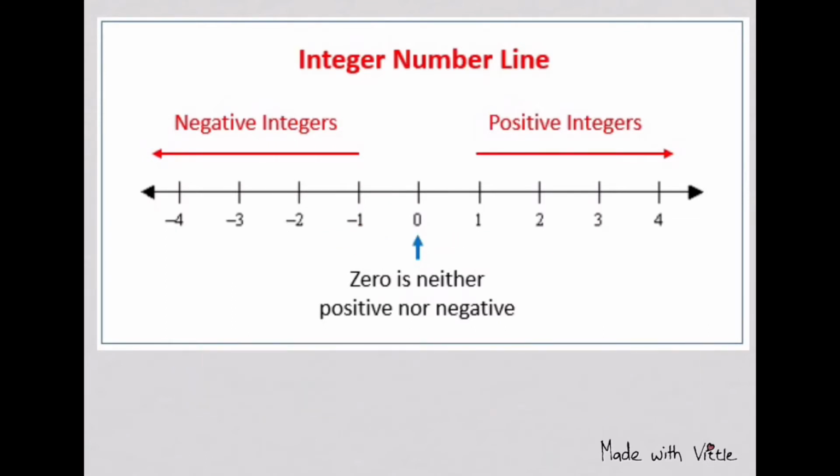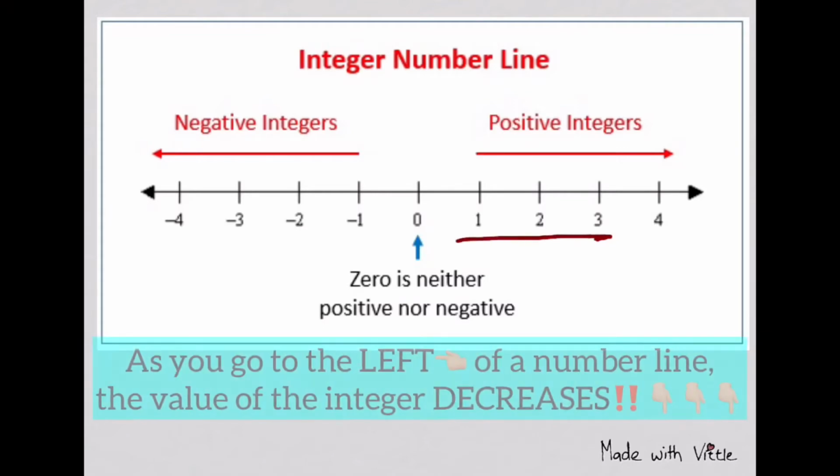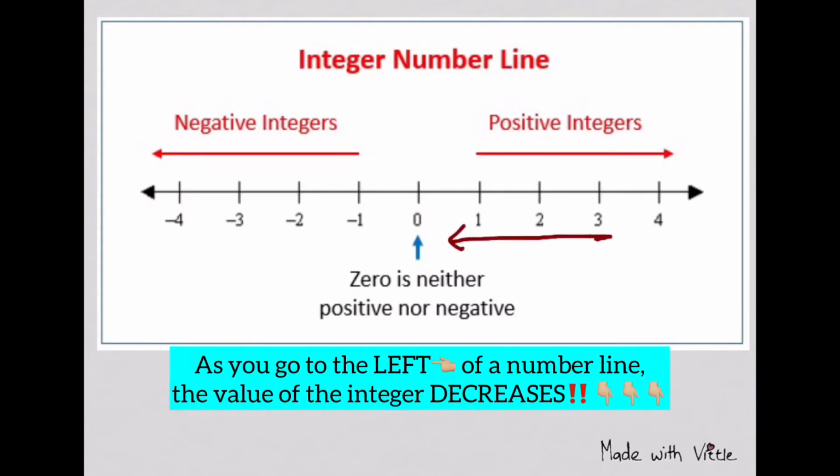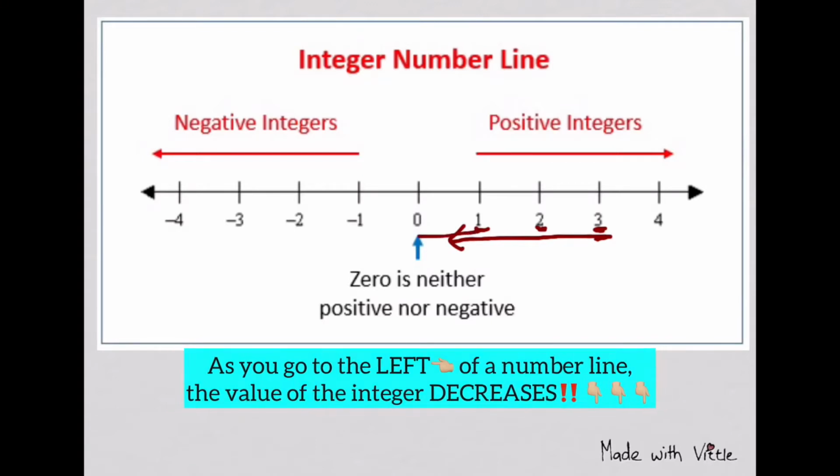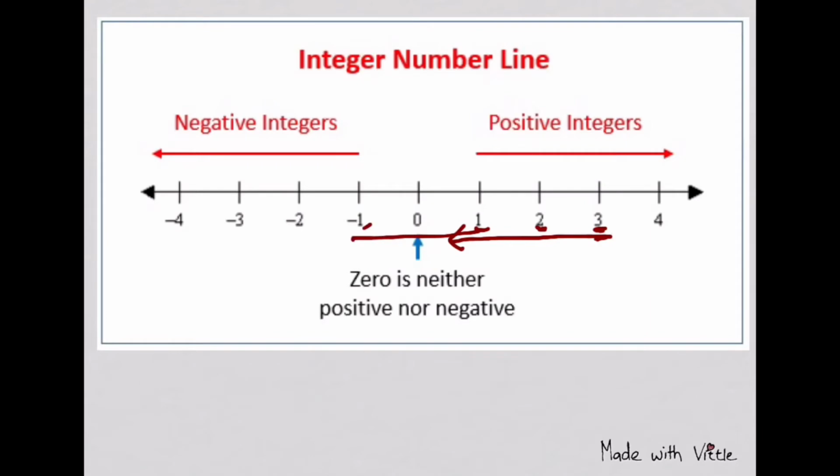Okay, now let's say I'm on number 3 and this time I want to go to the left. You see what's going on with the numbers. They are what? Decreasing in value. From 3 to the left of that is 2. It's lower. So to the left of 2 is 1. It's a lower number again, a lower integer. If you go to the left of 1, it's 0. And then if you go to the left of 0, that's even a lower number.